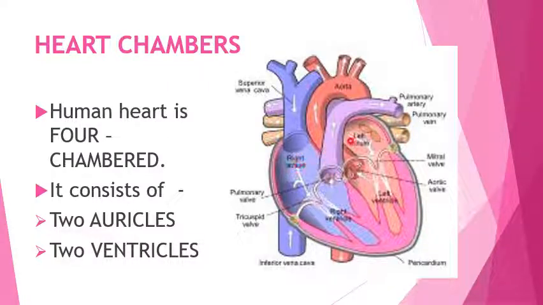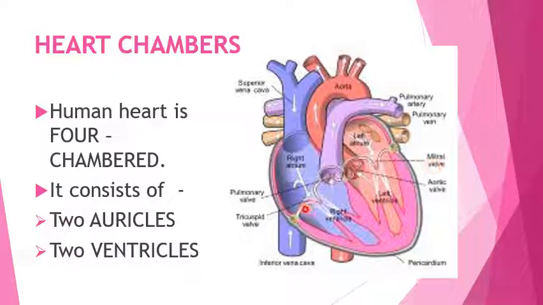The auricles are separated by the interauricular septum. Similarly, the ventricles are separated by the interventricular septum, and the auricle and the ventricle on the right side are separated by the valve called the tricuspid valve. Similarly, the left auricle and the left ventricle are separated by the mitral valve.